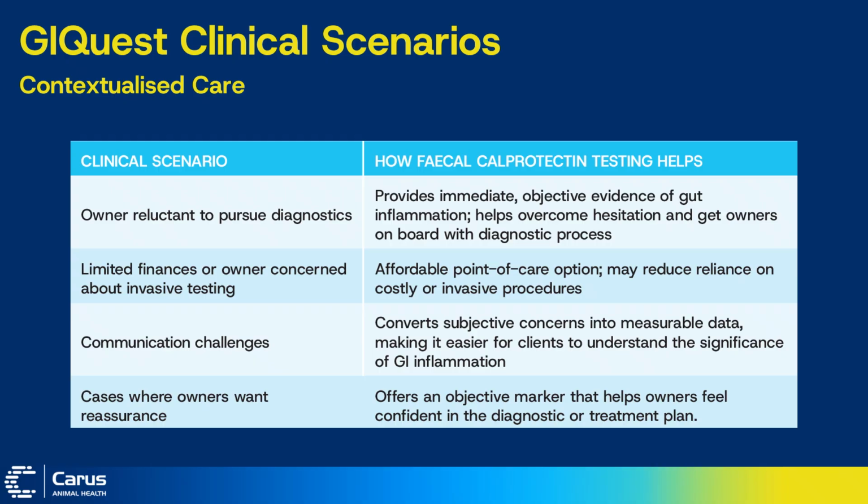It also helps with those communication challenges. I think sometimes with gastrointestinal inflammation, it's quite difficult to explain it to owners, and we often are having to do multiple steps in our diagnostic flow, and we're often having to trial different treatments or different diets.